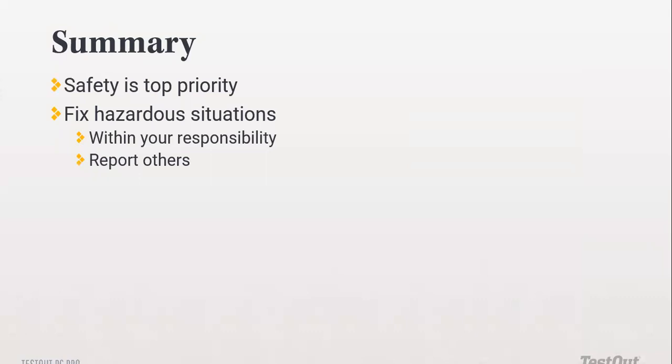Summarily, we've talked about how to maintain safety as top priority when working with PC components. How do you fix hazardous situations? Who do you talk to within your responsibility, and how do you report the things that are above your responsibility? There are cases where what you're supposed to do is not within your responsibility or in your job description, and you need to report it to the next person who is responsible for that.